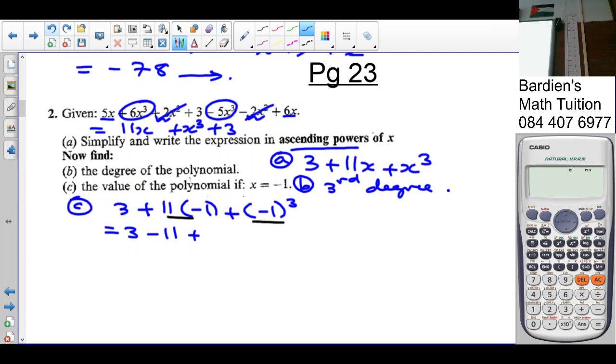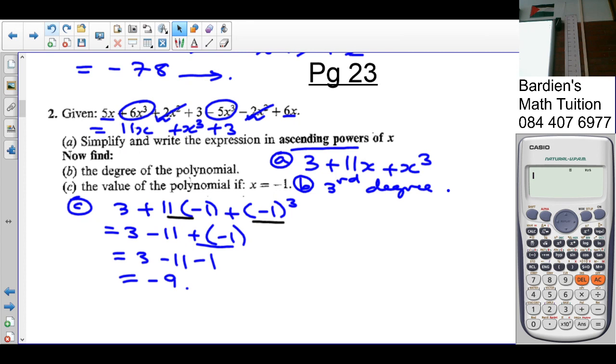Plus. Negative 1 to an odd exponent will always be negative. So it's going to be negative 1. Let's sort that out. So it's 3 minus 11. What's negative times positive? Negative 1. So what is 3 minus 11? Negative 8 minus 1 is negative 9. Okay, any confusion there? No.